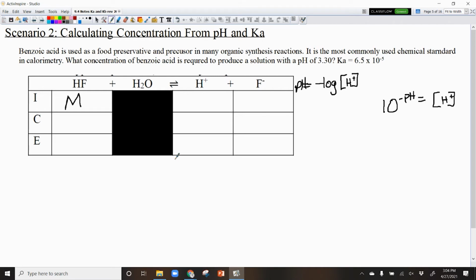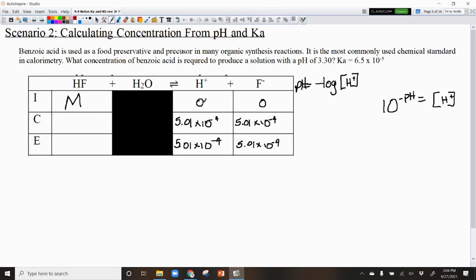All right, so let's do that. So 10 to the negative 3.30, and that's going to give us 5.01 times 10 to the negative 4. And since this is 1 to 1, this is going to be the same. Okay. And this is x, so we can go ahead and work backwards here. Fill that in. Fill this in.